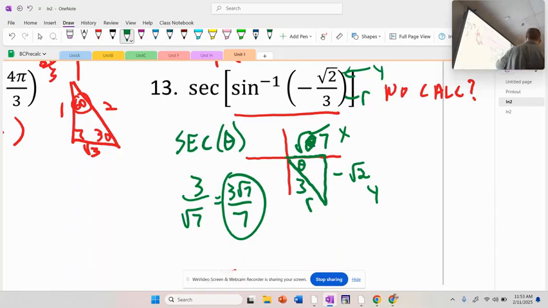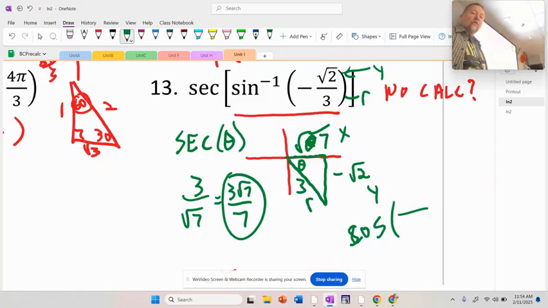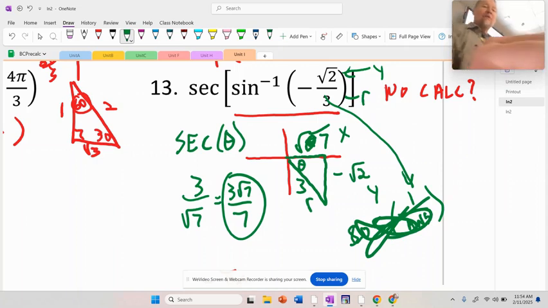Now, if you did use your calculator, you would inverse sine this and get a decimal negative angle measure. Then you would take the secant of that negative angle measure, which means you'd have to cosine it and then flip the answer. No, I said that wrong.